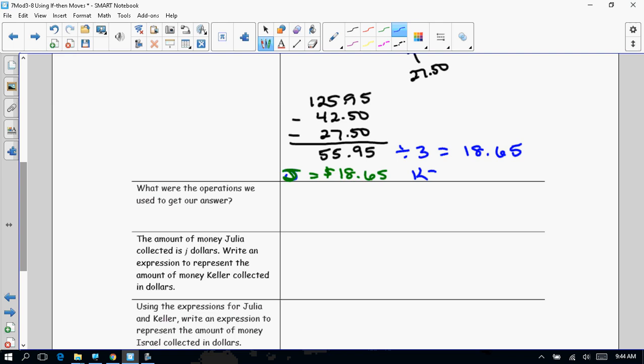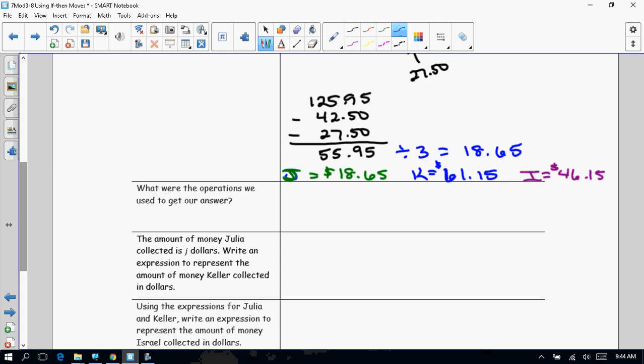Keller has now made, let's grab the calculator, $18.65 plus $42.50. He made $61.15. And then we have Israel. Israel raised, again, $18.65 plus the $27.50. That's $46.15.